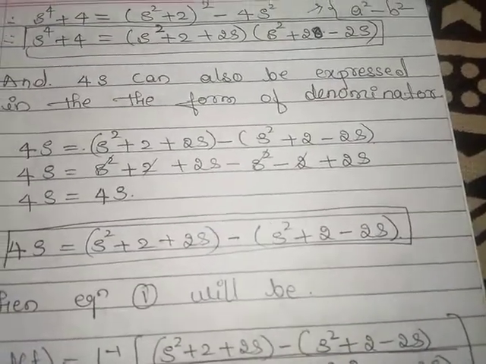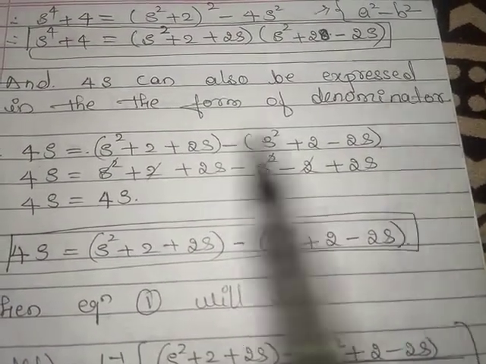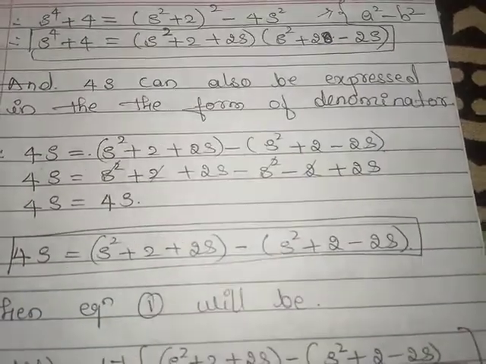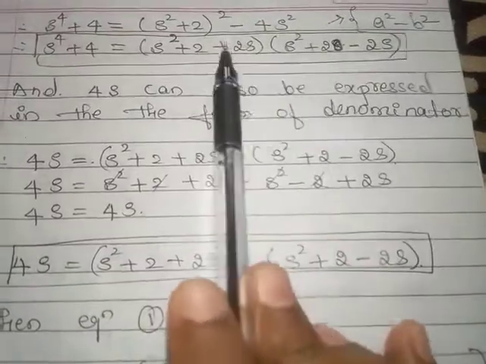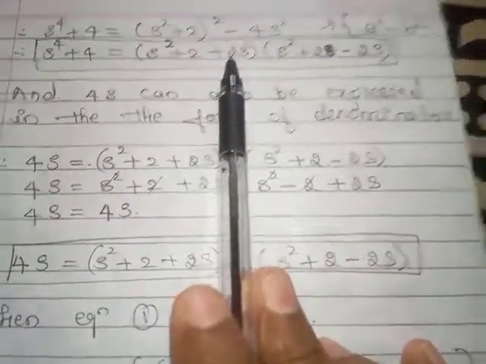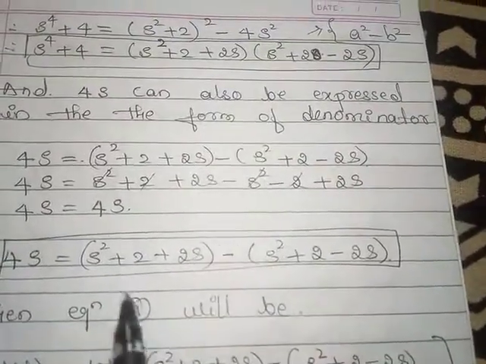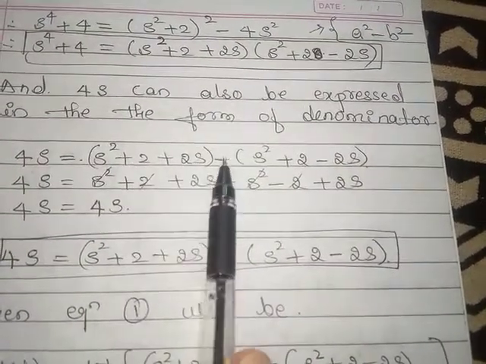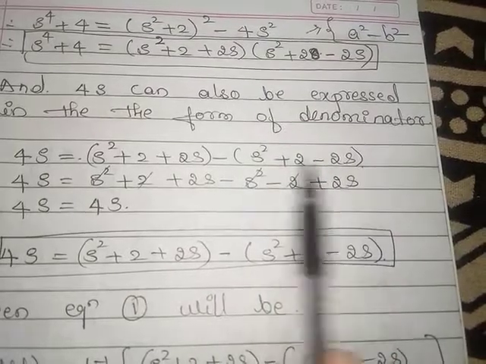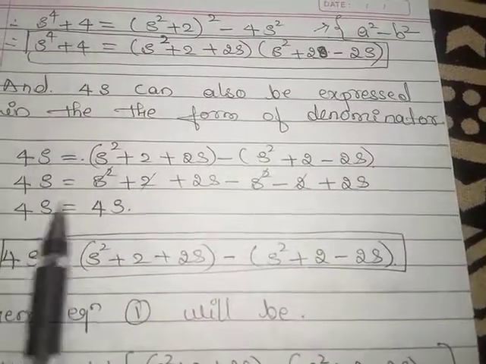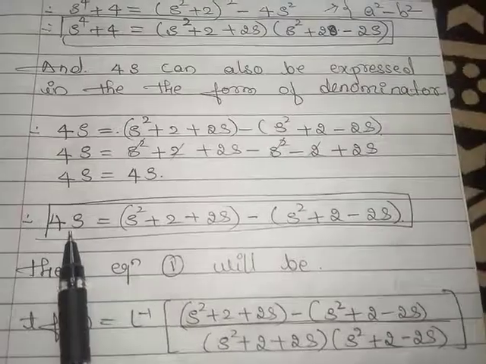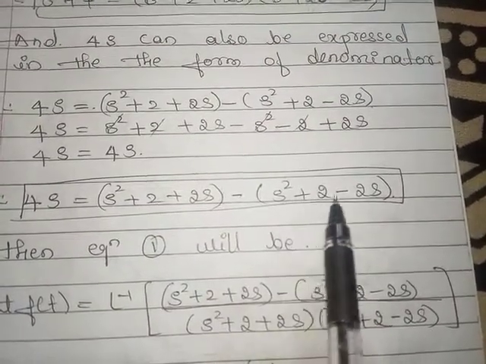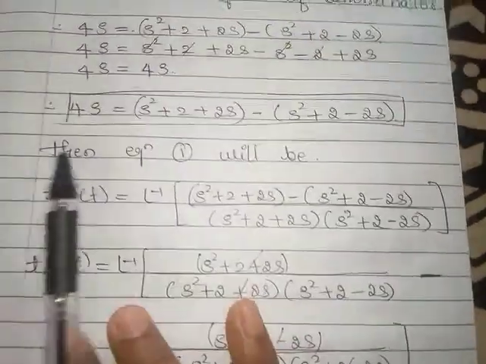These are the same as the previous topic examples; we have solved so many examples for expressing the numerator in the form of the denominator. So here I am taking the subtraction of these two terms: s square plus 2 plus 2s minus s square plus 2 minus 2s. After solving this one, we get 4s, so 4s can be written as s square plus 2 plus 2s minus s square plus 2 minus 2s.